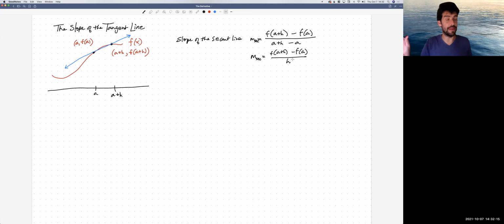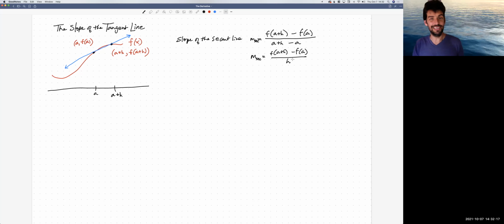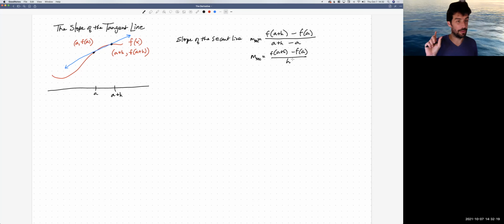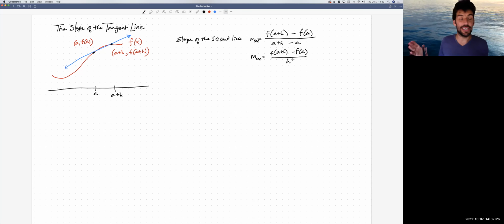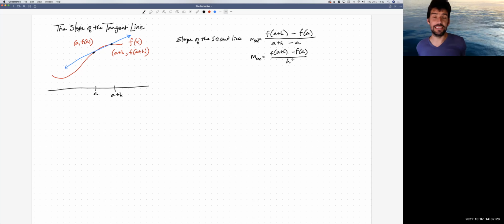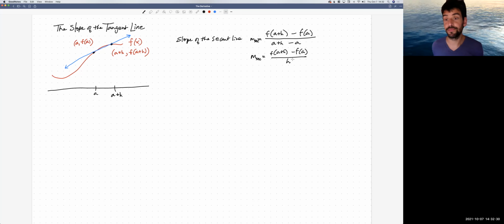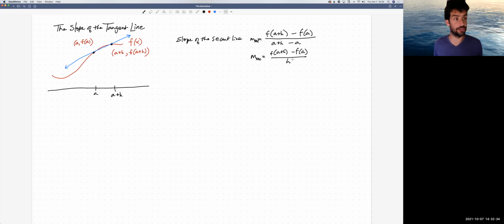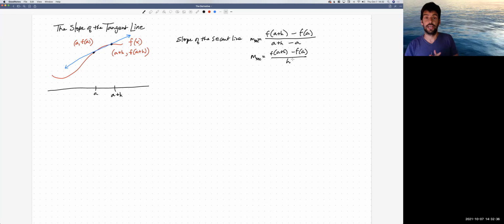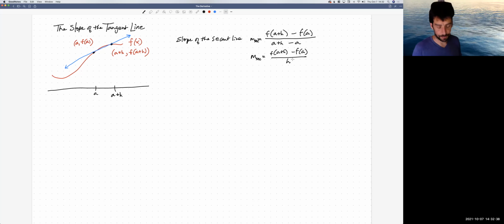And so what we imagined doing and what we did numerically, we would plug in values for this where we let H be smaller and smaller and smaller, right? And we saw that often when we did this, the numbers that would come out seem to be getting closer and closer to something, right? So that's how we were doing this when we began.